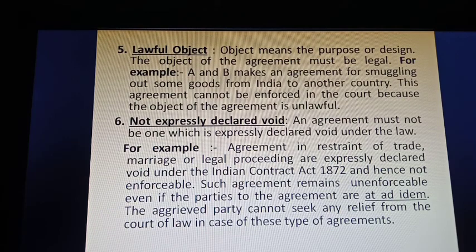Such agreement remains unenforceable even if the parties to the agreement are ad idem. That means they agree on the same thing in the same sense. The aggrieved party cannot seek any relief from the court of law in case of these types of agreements.